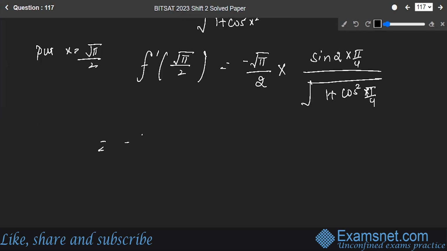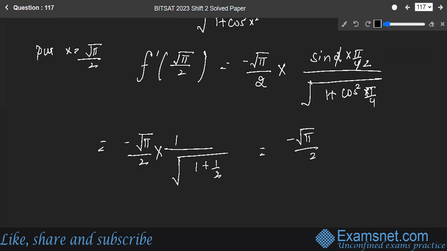So this is equal to minus root pi into 2 over root 2, sine of pi by 2 is 1, divided by 1 plus cos square pi by 4, which is 1 plus 1 by 2. Or here you have minus root pi upon 2 into, this will be 3 by 2, into 2 by 3 whole under the root.